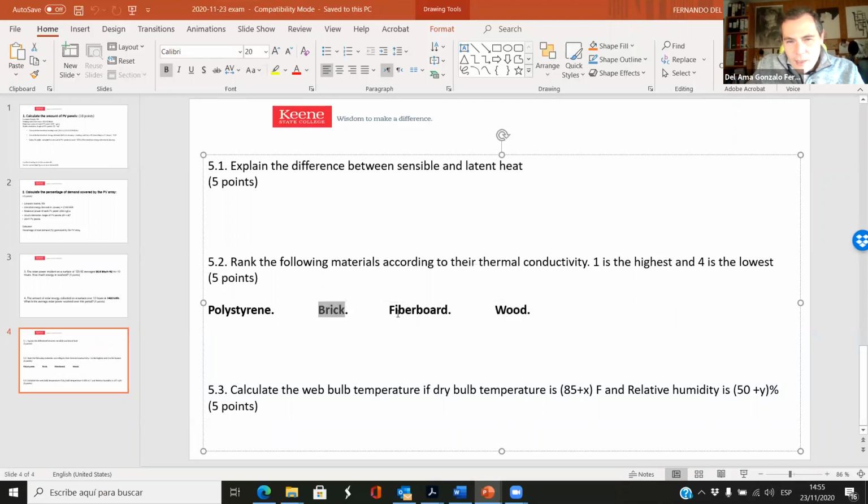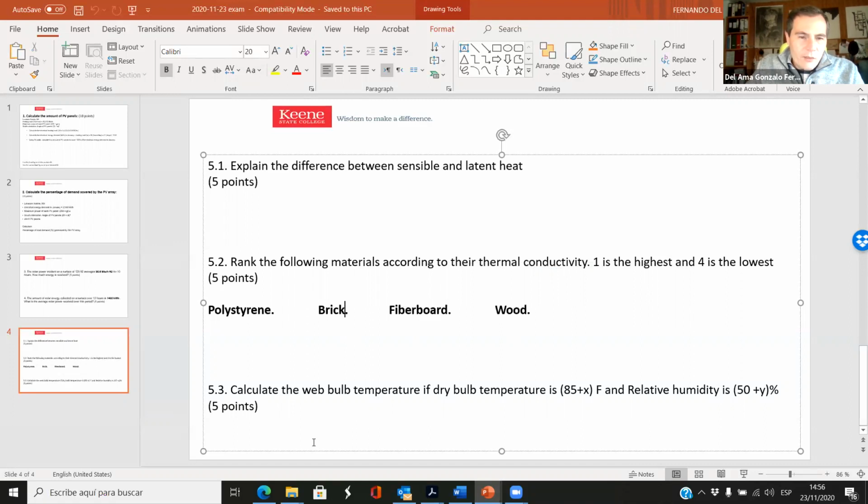Polystyrene always has the lowest thermal conductivity, so that's why it's the best. But between fiberboard and wood there is a huge difference, because fiberboard is a thermal insulating material and wood is not. And between wood and brick there is always a difference, and wood is better than brick.